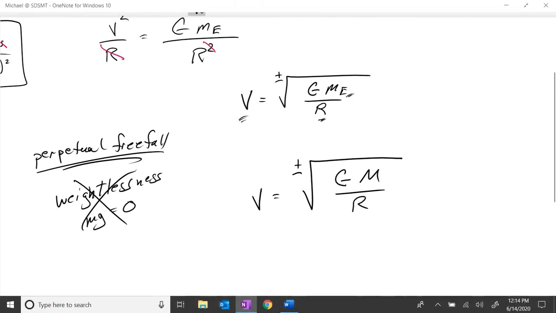We would figure out at what radial value, or excuse me, the center to center separation distance between our satellite and that planetary body, and that will tell us how fast our satellite has to be moving so that it doesn't crash into that planet.